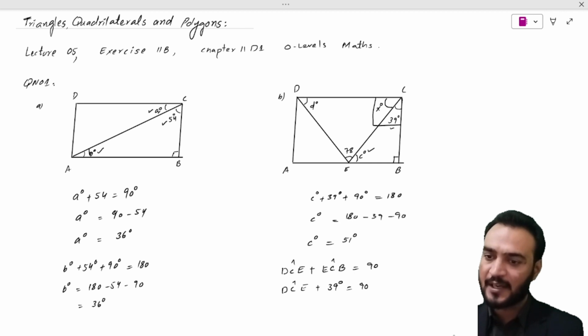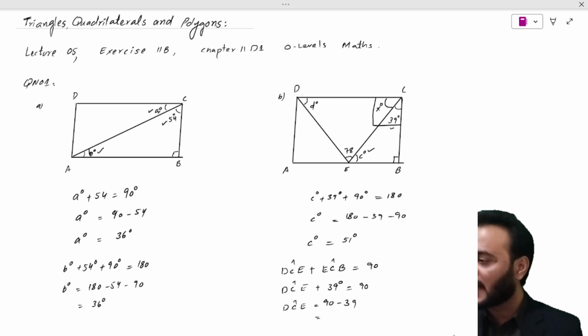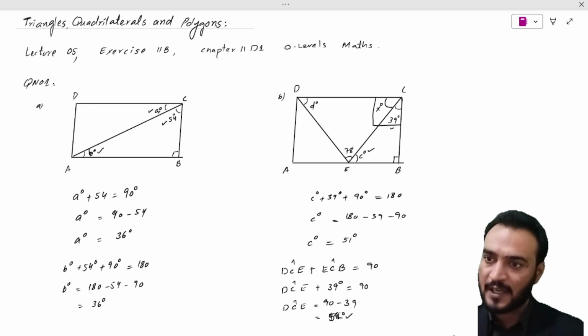We subtract: DCE equals 90 minus 39, and we get the value of DCE, which is 51 degrees. So the value of this angle, X degree, is equal to 51 degrees.